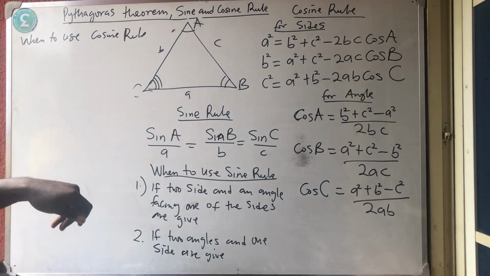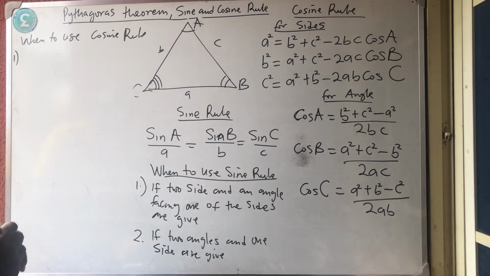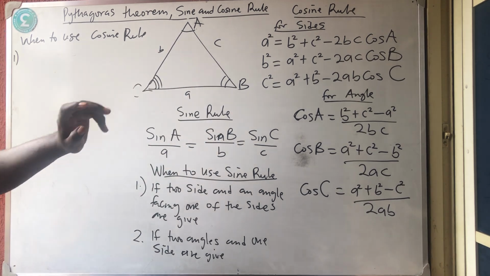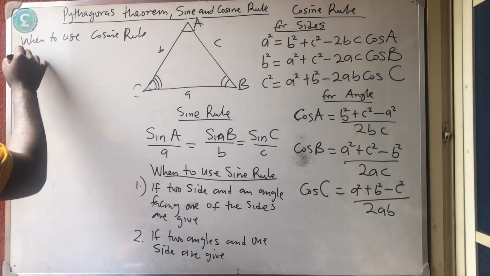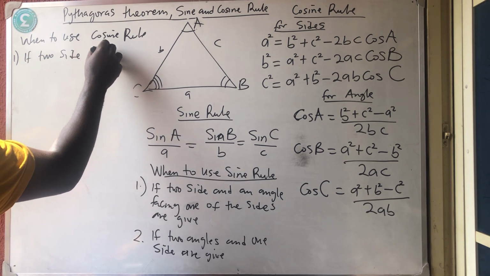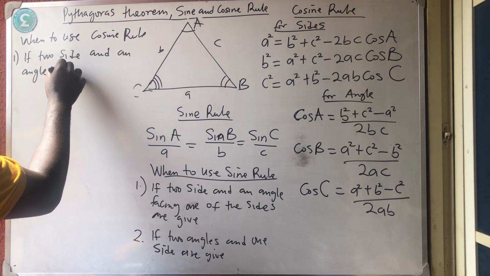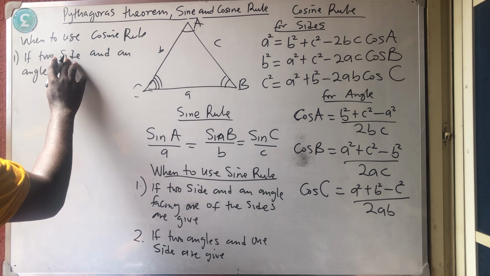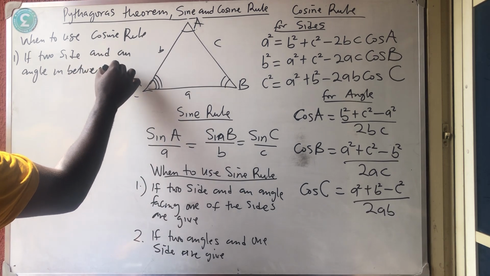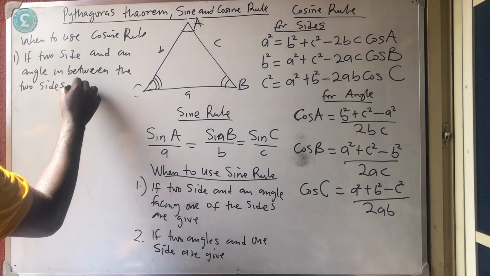Okay, when do you use cosine rule? Number 1, we use cosine rule when 2 sides and an angle in between the 2 sides are given.